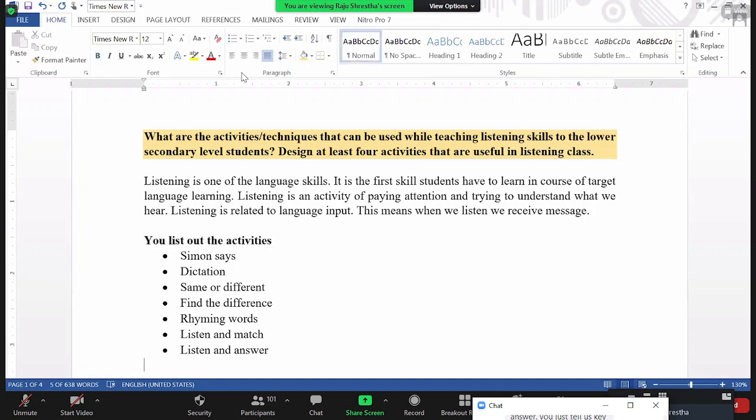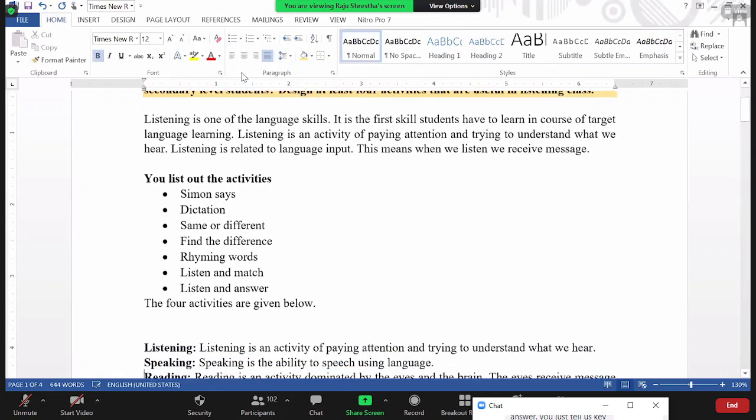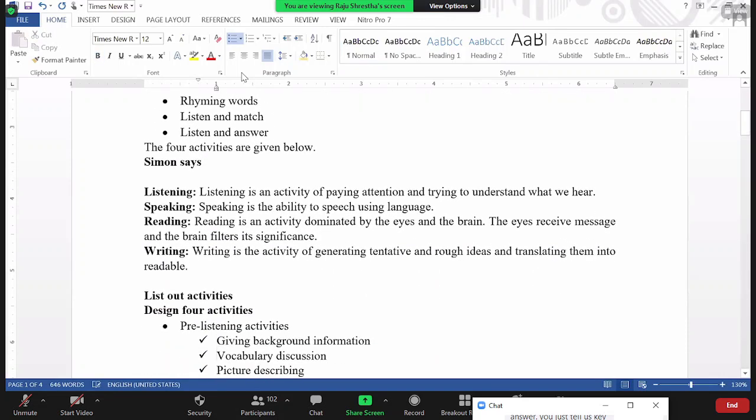Then the third question is what? Design, describe, explain. If it says the description of the four activities are given below, then you go and write here. For example, Simon says, this is one activity, and then just write classroom procedures like this.